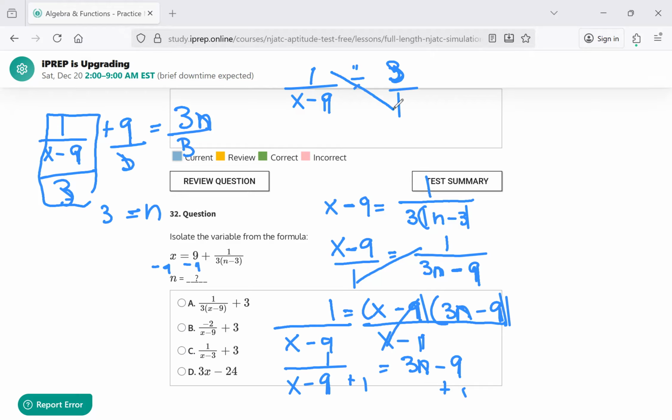If I cross multiply, this is going to be 1 over 3 times x minus 9. Yeah, my pencil's just dying. So it's going to be letter A. Okay, letter A.